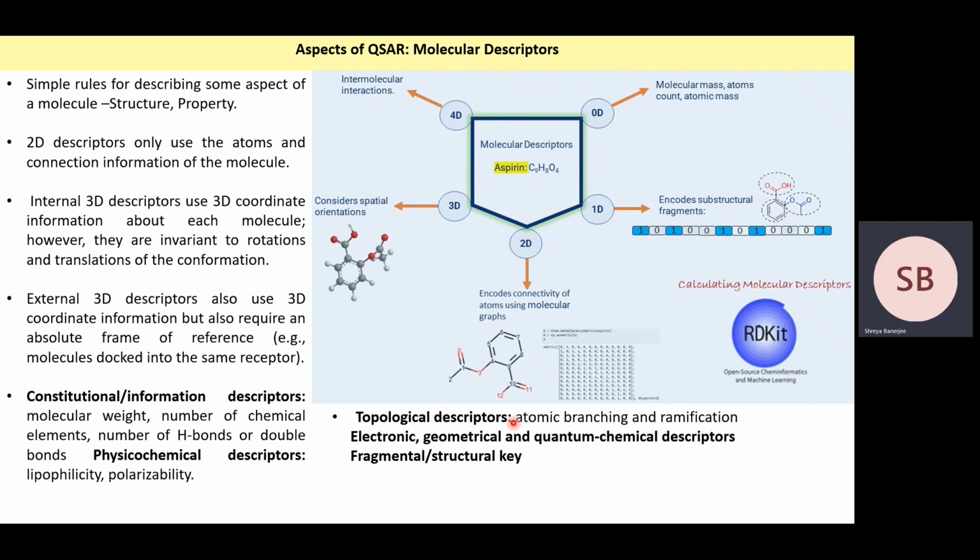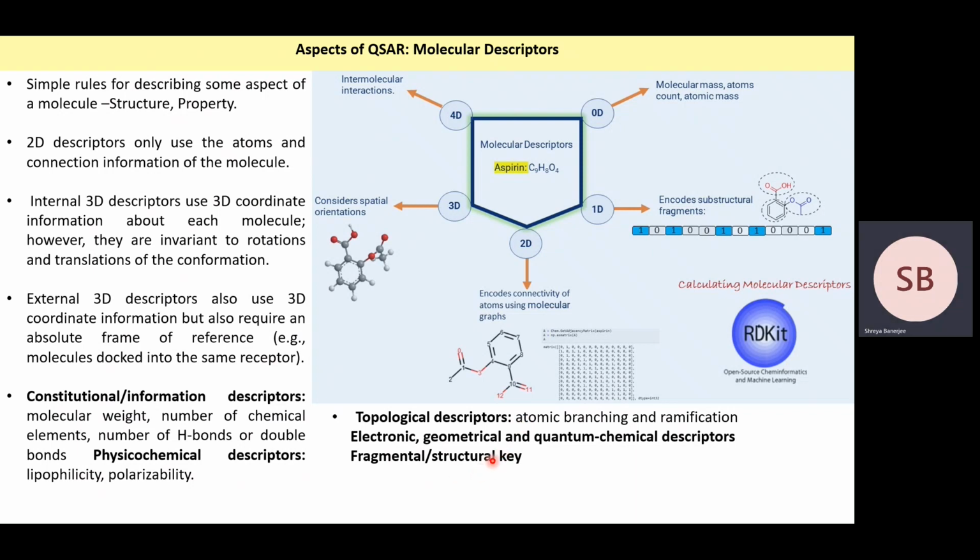Then we have topological descriptors, which describe how the atoms are branching. Then there are electronic, geometrical, and quantum chemical descriptors, that is, describing the electronic properties of the molecule. And finally, there are fragmental or structural key descriptors.